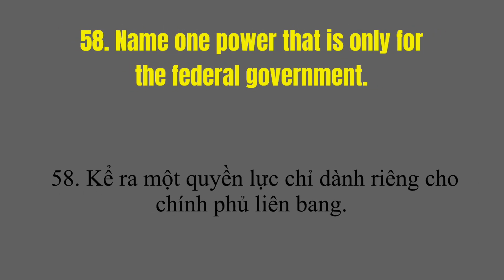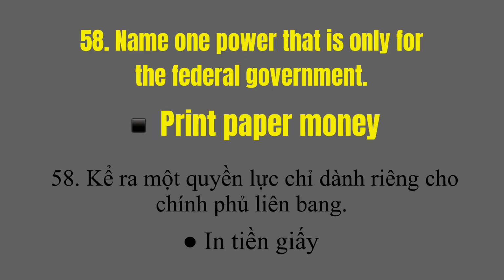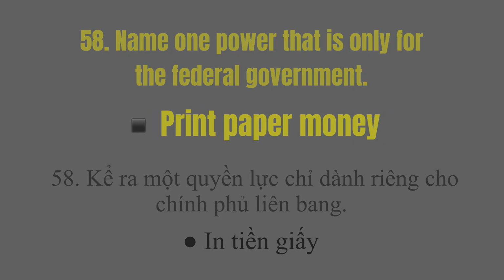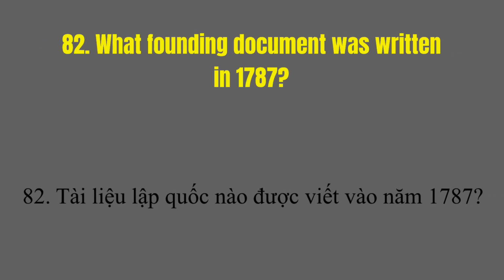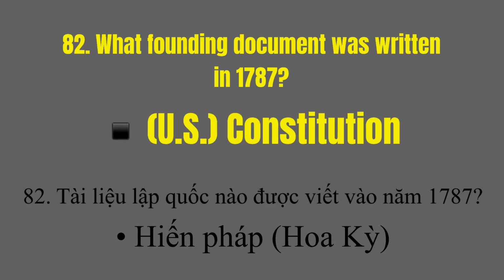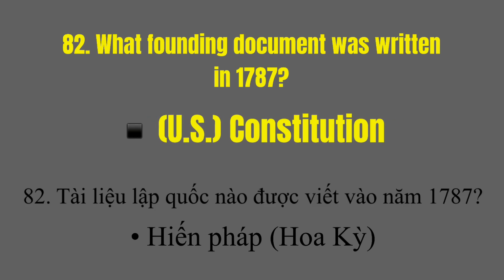Name one power that is only for the federal government. Print paper money. What founding document was written in 1787? U.S. Constitution.